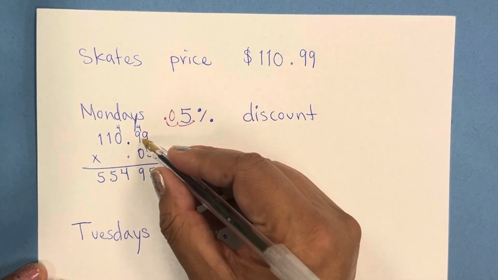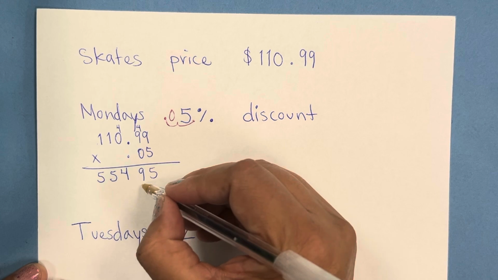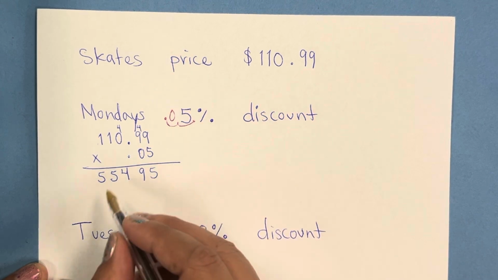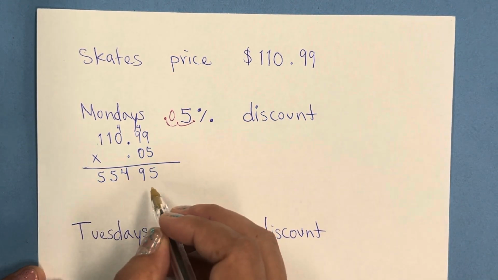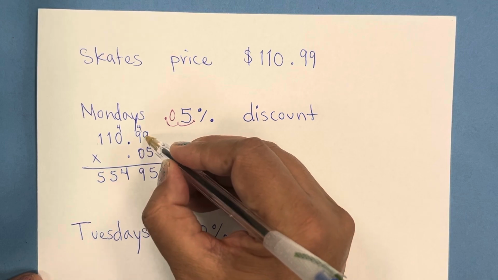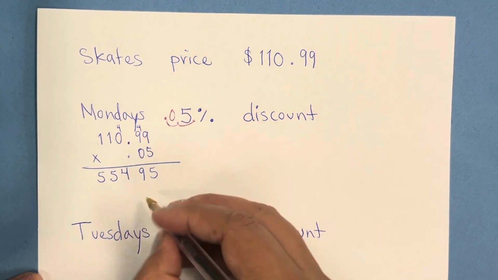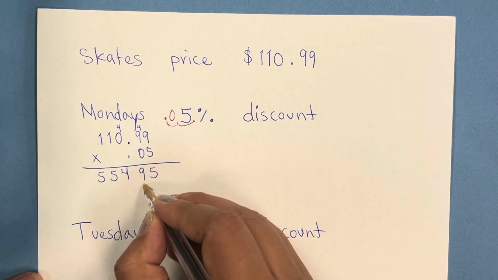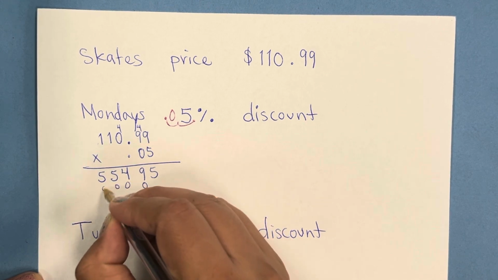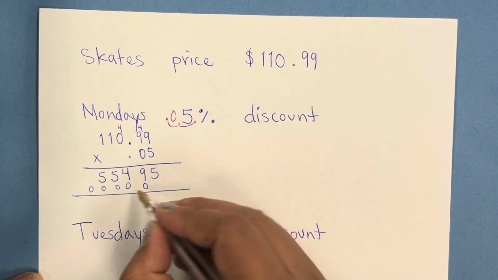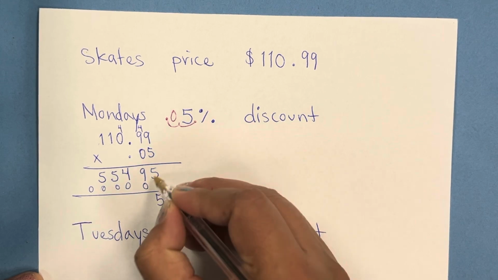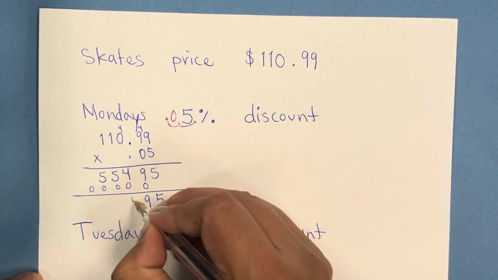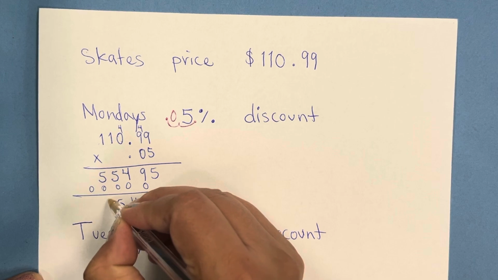And when you multiply 0 times everything, it's going to be 0, so it won't impact this. However, if you get confused, just put 0 times 1, 2, 3, 4, 5, but always put the 0 in the second space. When you add those zeros, in reality, it doesn't change. You get the 5, the 9, the 4, the 5, and the 5.